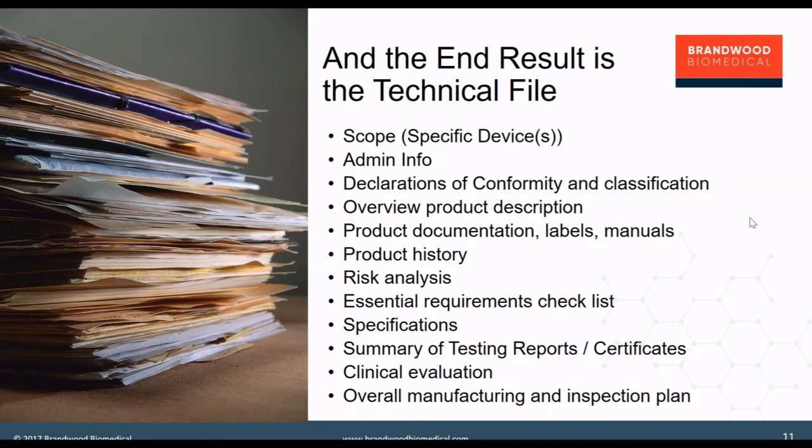The product manuals, so these can include instructions for use. This can include a clinical manual if you've got different types of users and if they're separate from the instructions for use. All of the information that surrounds the product and which is an output of the design process should be included in your technical file.